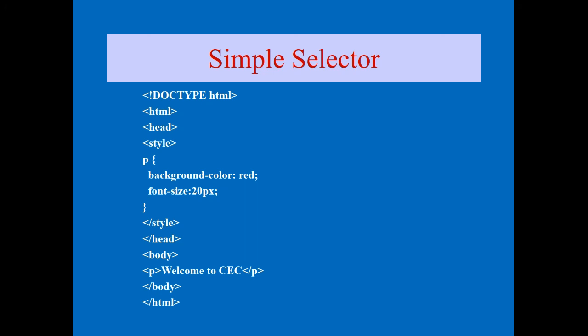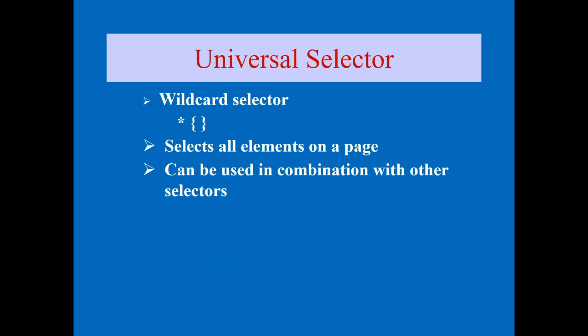And the last one, like a simple selector only, is the universal selector. Another way we can say, the wildcard selector. Here the symbol is the star symbol and the curly bracket. This selector selects all elements on a page. Whatever elements you write, this impact is there, and it can be used in combination with other selectors also. This is again nothing much complicated.